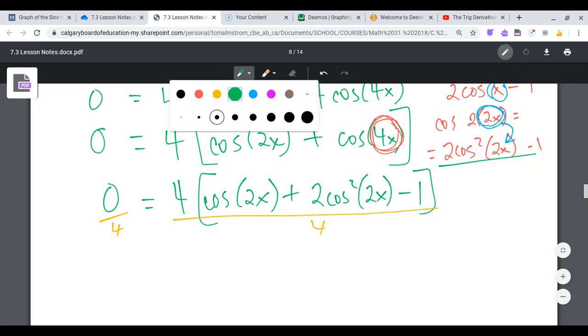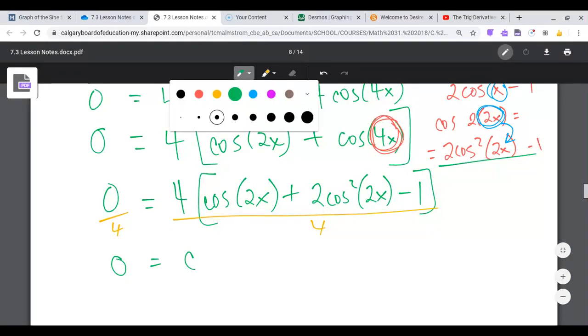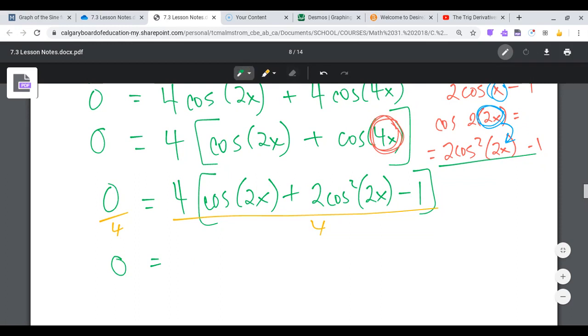Let's reorder this. We now have that 0 is equal to 2 cos squared of 2x plus cos 2x minus 1.